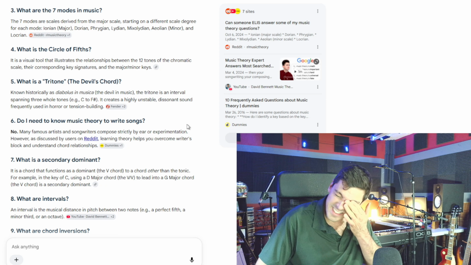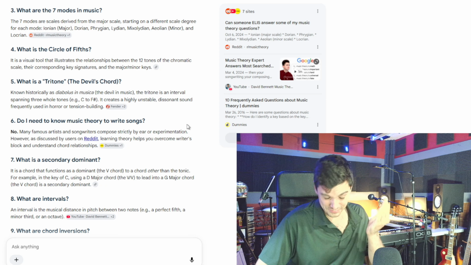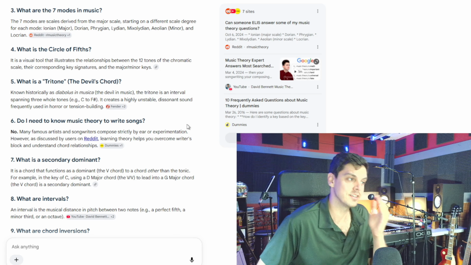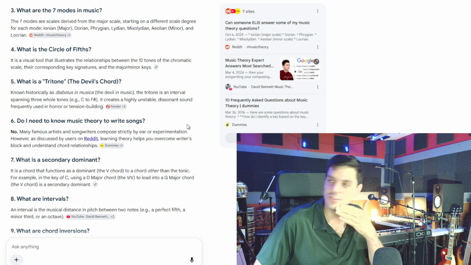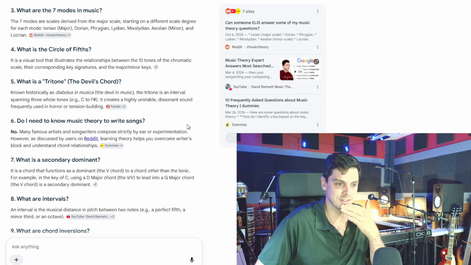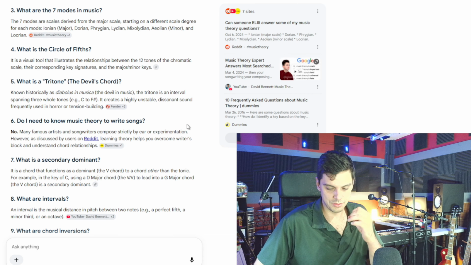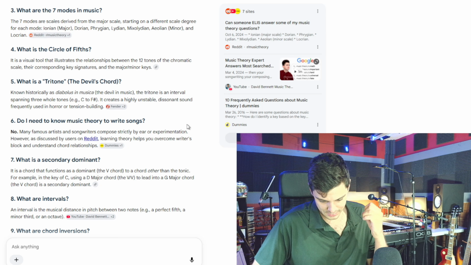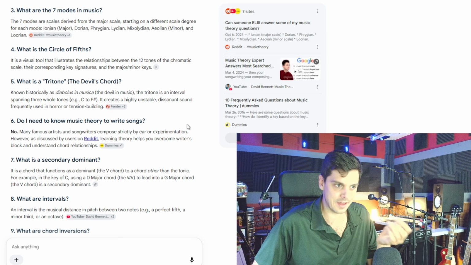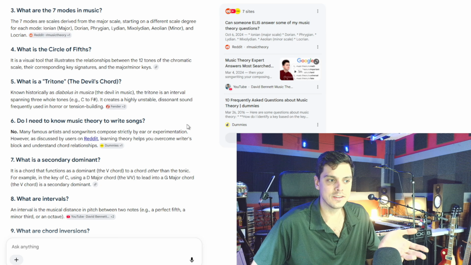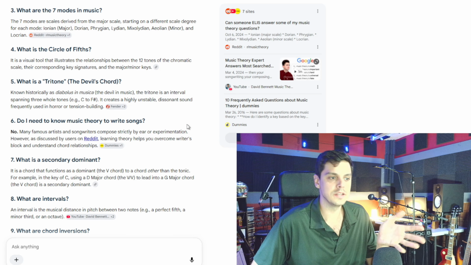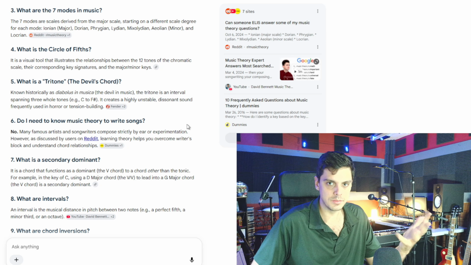Okay. This is like the classic question that drives music educators crazy, right? Do I need to learn this thing in order to do this other thing? And yeah, like this answer said, no, you don't need to know music theory to write songs.